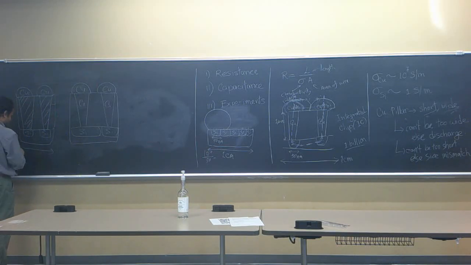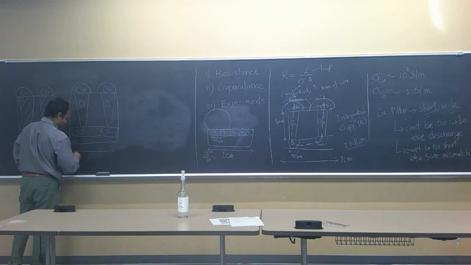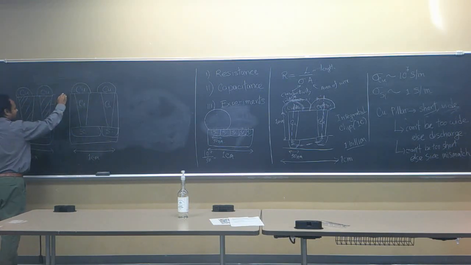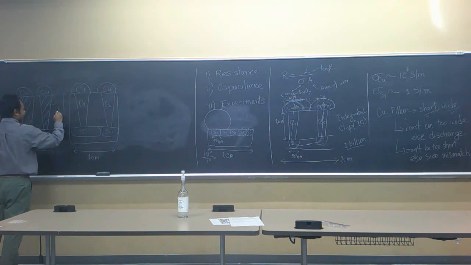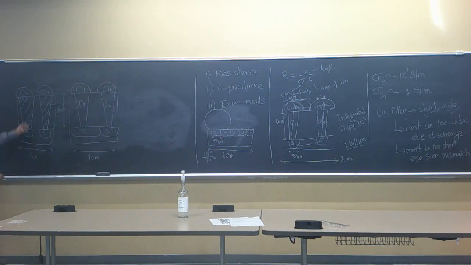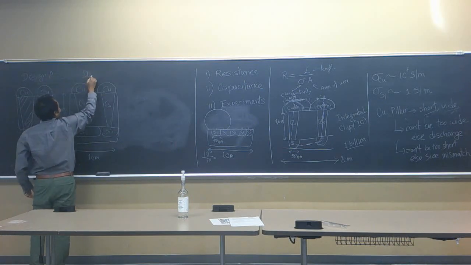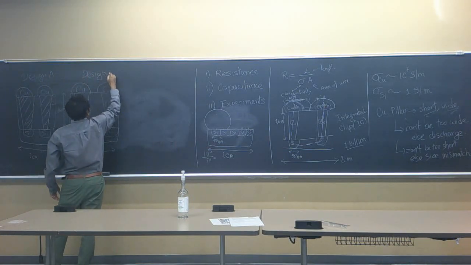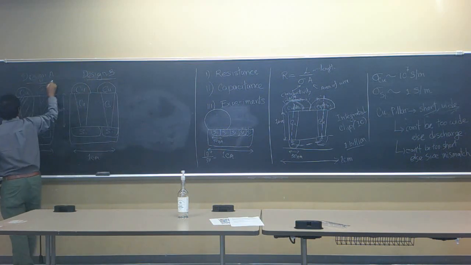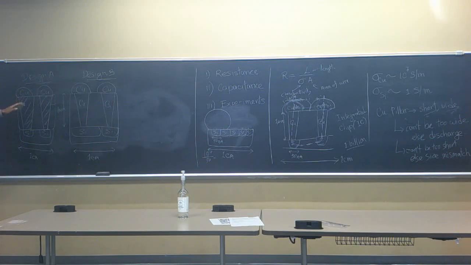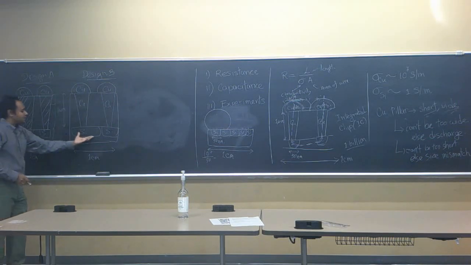Diameters are the same. Let's say this is also 1 centimeter, and this is also 1 centimeter. Their height is also the same, which is 1 micron. The only difference between these two, let's say design A and design B, is that design B has a bigger silicon device.